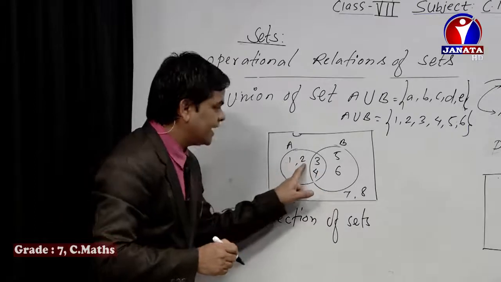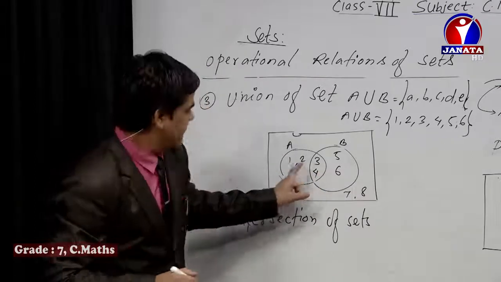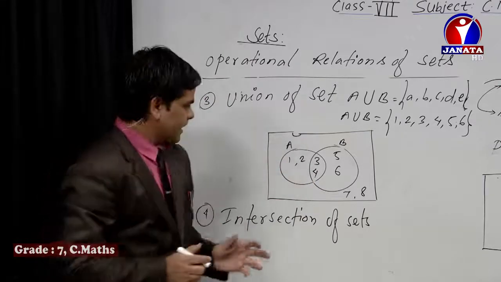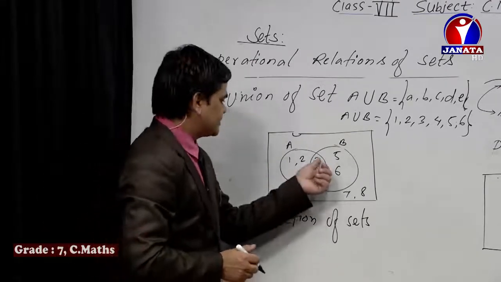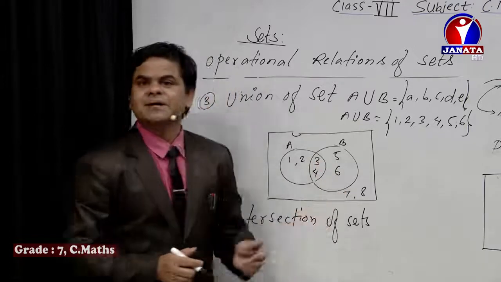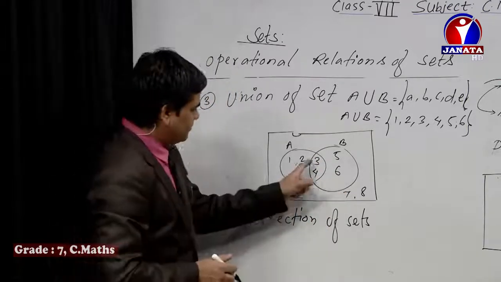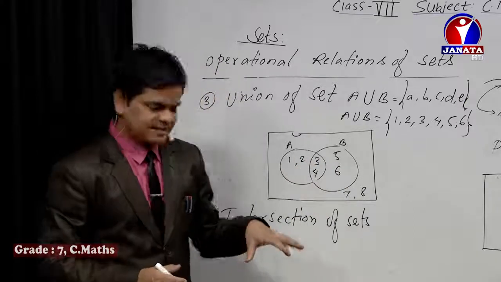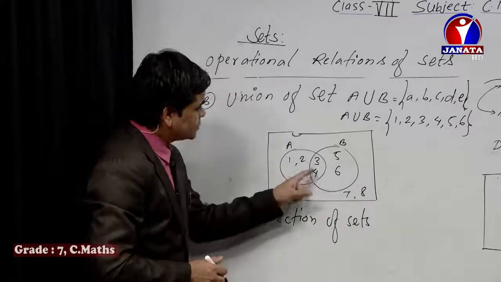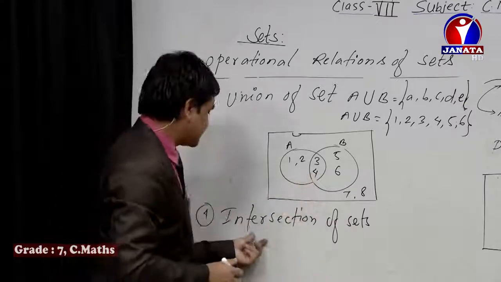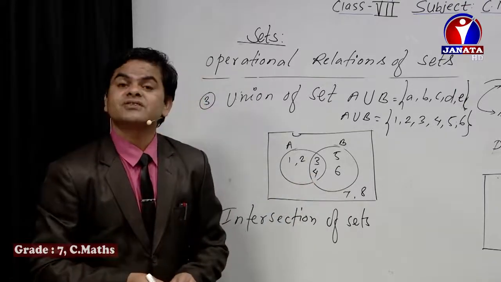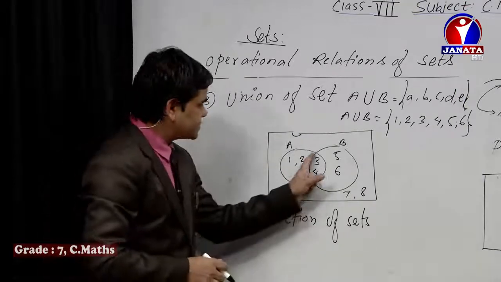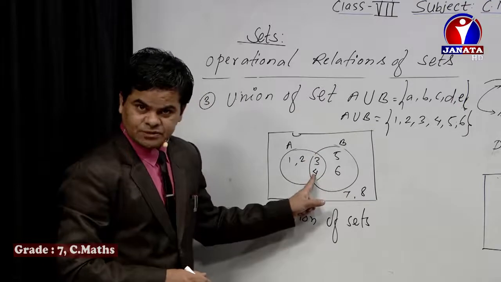Not only 1 and 2 are the elements of set A, 3 and 4 are also the elements of set A. And similarly, 3, 4, 5, 6 are the elements of set B. They are common to each other. They are similar to both the sets. So these common elements in both sets are known as the intersected elements. This place is the intersection. A intersection B we represent by this area.